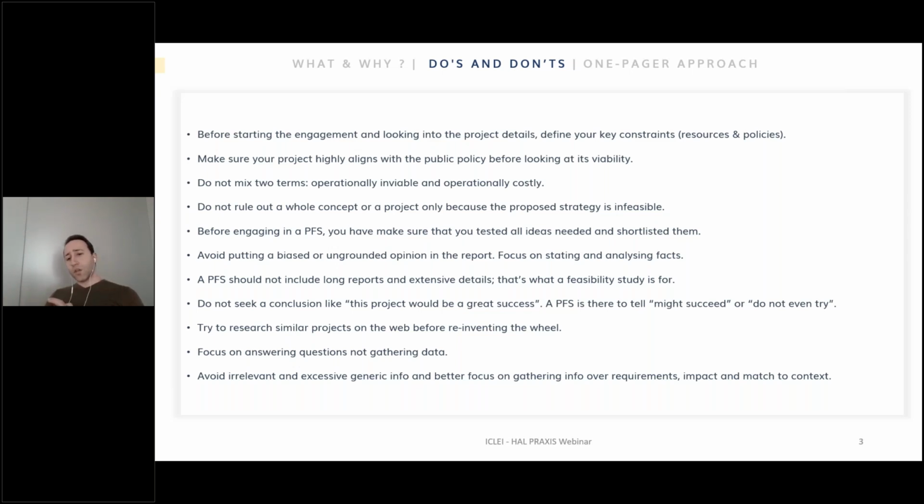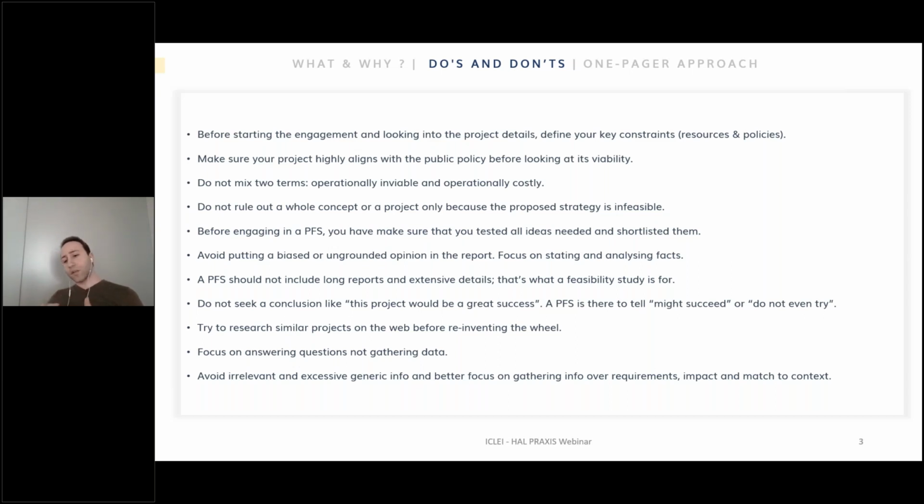I like to call them indirect financial impact, because when you decrease the carbon dioxide in the air, for example, we get a very good financial impact in the long term, because the climate problem that's happening now is costing us money worldwide. So impact is very important to focus on, and the match to context.